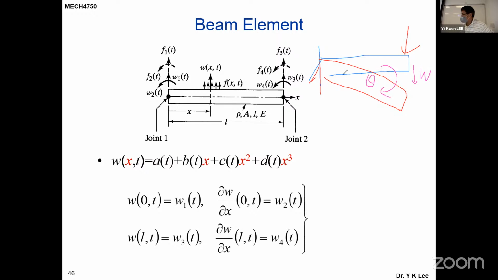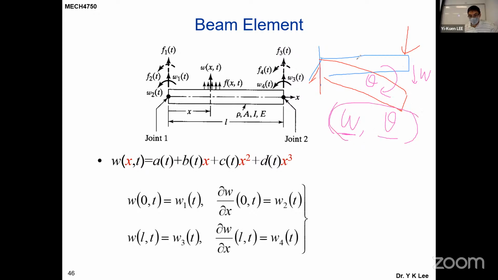So in this case, in general, for the vibrating beam, it is linear transverse displacement and angular motion of the beam. So that is the important thing. We need to find the linear displacement and angular rotation for the beam.